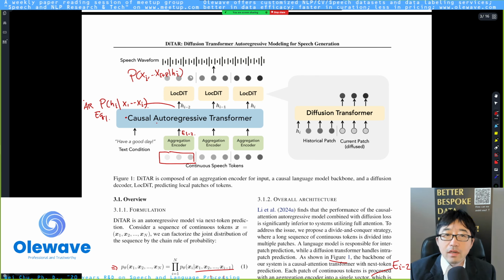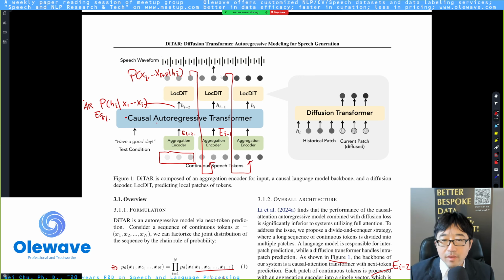And then after they generate a patch of speech, they're going to play this to the user on the fly, so they have a fairly low latency in terms of speech generation. And then they feed this speech back into the aggregation encoder again, so they would have E i minus 1. Then they repeat this process until the speech generation ends, okay?